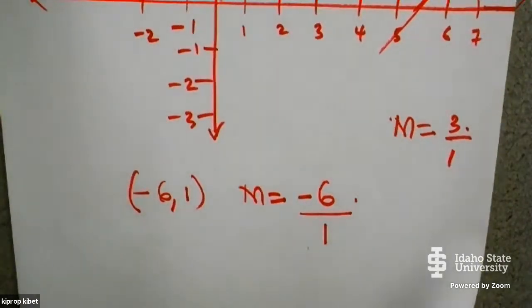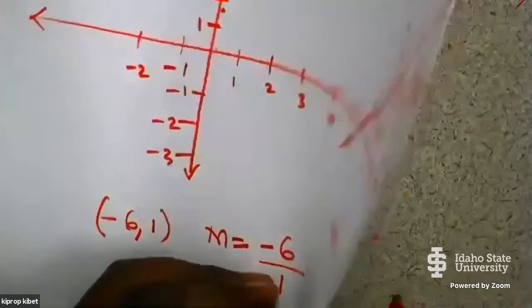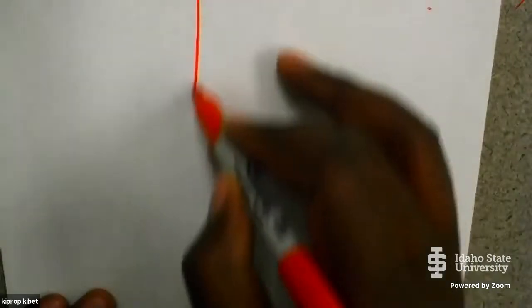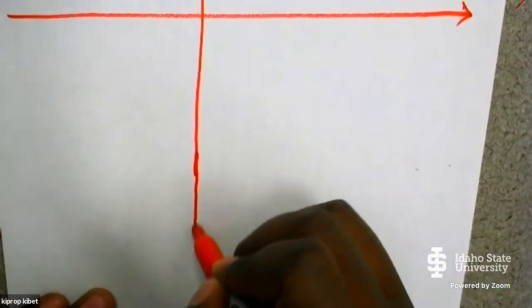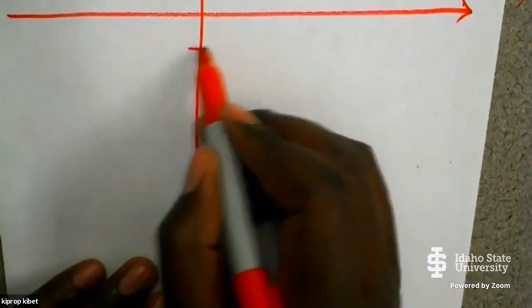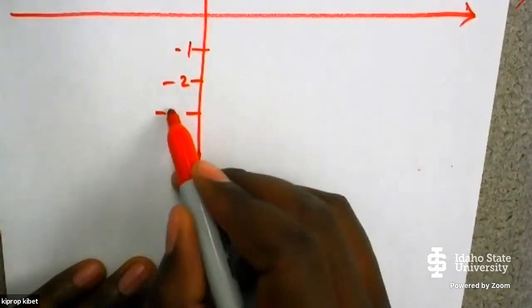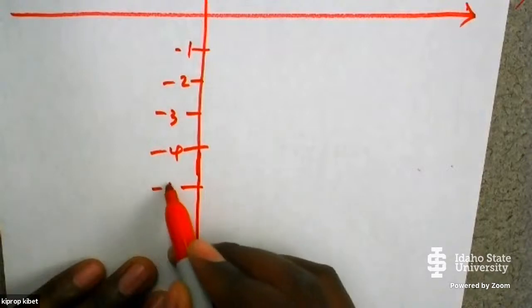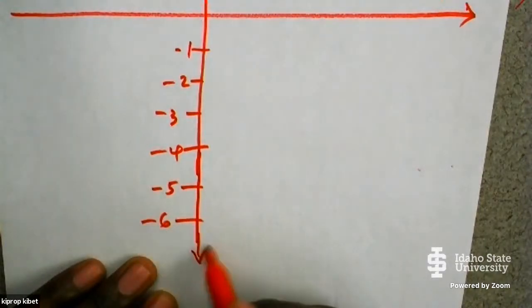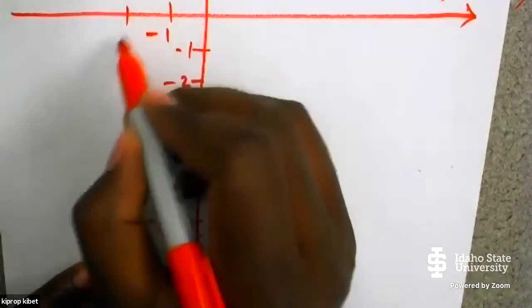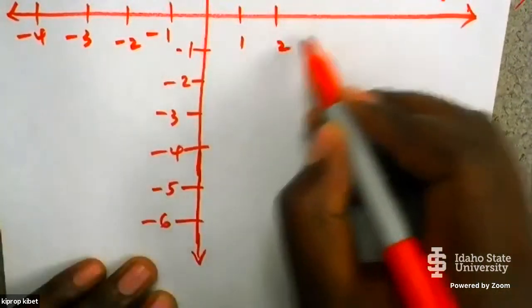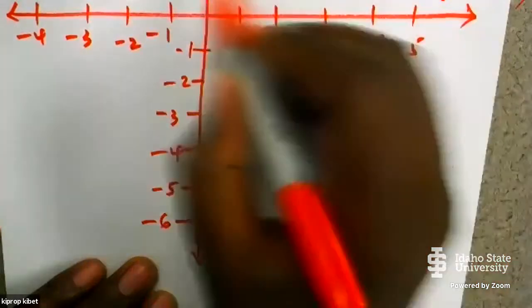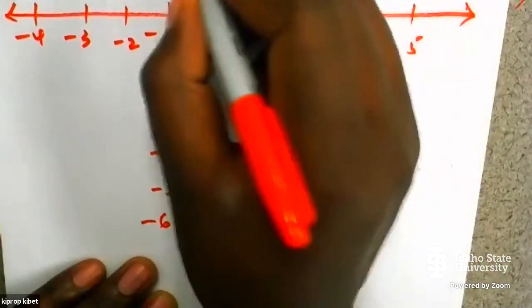So the point, go to -6. So 1, 2, 3, 4, 5, 6. 1, 2, 3, 4, 5. 1, 2, 3.